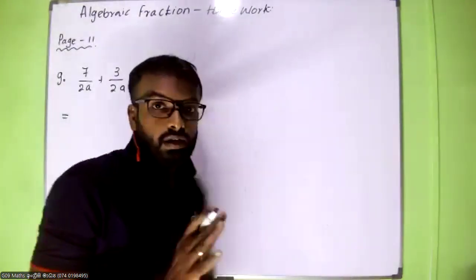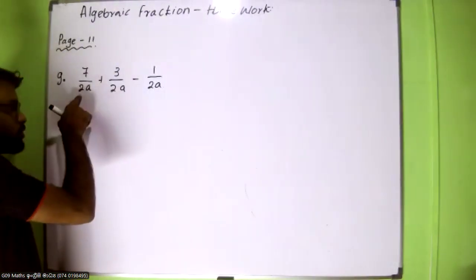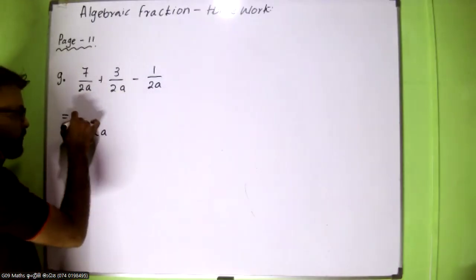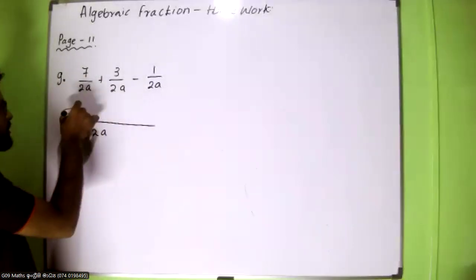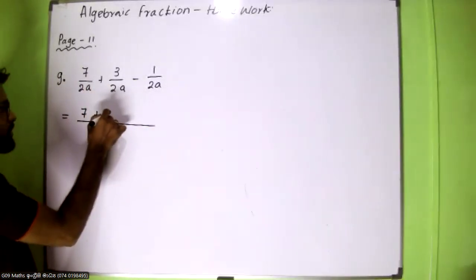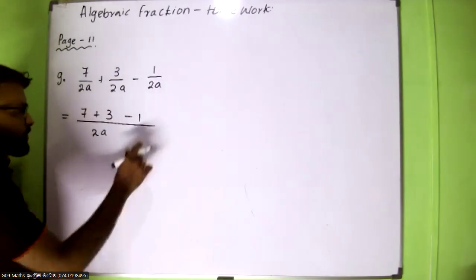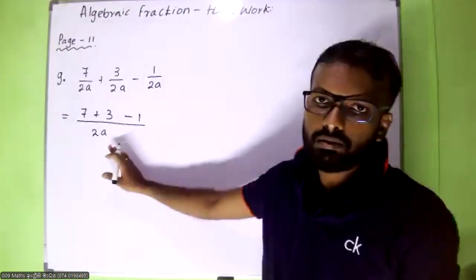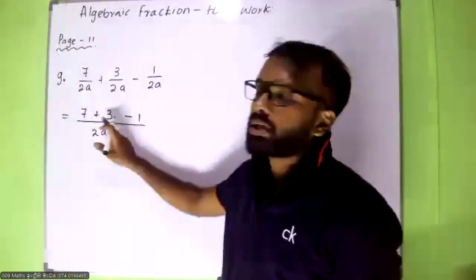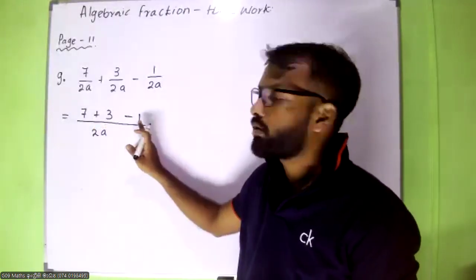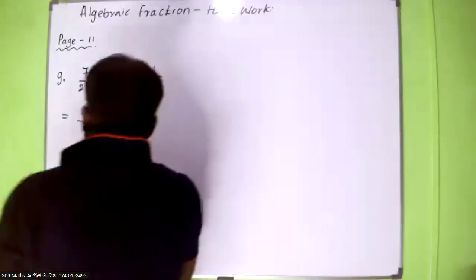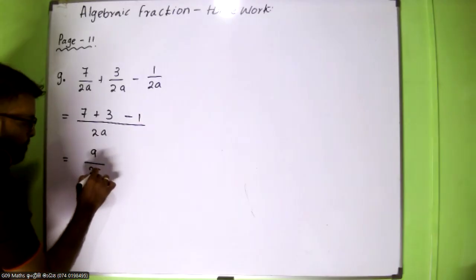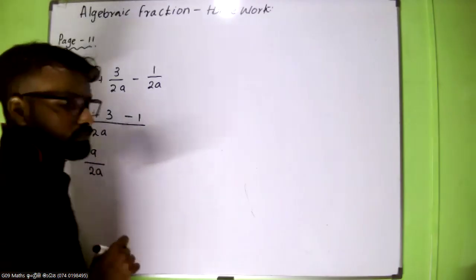Understand? My common denominator is 2a. If you want, you can write this as 7 plus 3 minus 1. 7 plus 3 is 10, 10 minus 1 is 9, so your final answer will be 9 upon 2a.